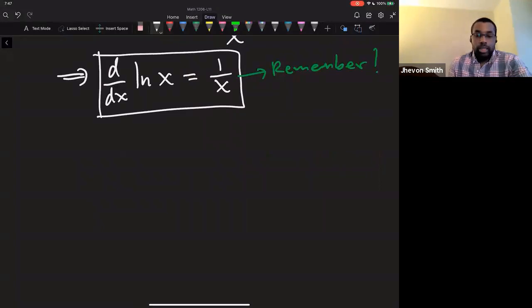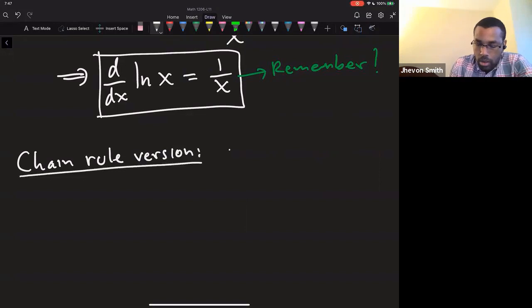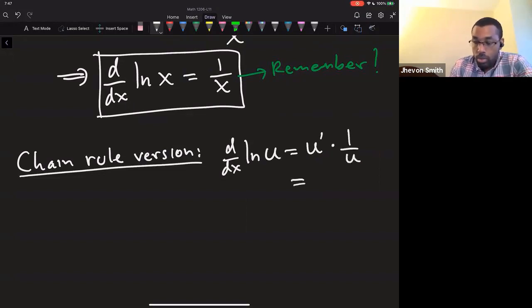So that's the derivative of ln x. So of course, chain rule version. The derivative of ln of something else, ln of u, is u prime times the derivative of ln of u, which is 1 over u. So this is just going to be u prime over u.